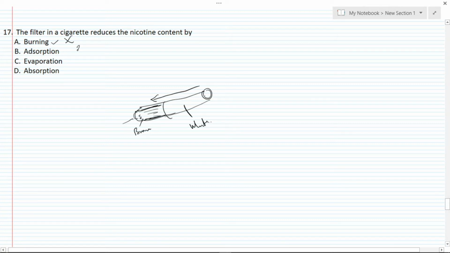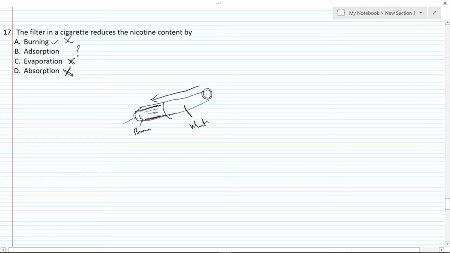Adsorption, let's put a pin on that. Evaporation, definitely no. Evaporation has to do with boiling or something similar, and that's not what's happening here because there are no liquids. Absorption more or less deals with liquid also. Imagine spilling water on the floor with paper. The paper absorbs the water, and over here there are no liquids, so it can't be absorption.